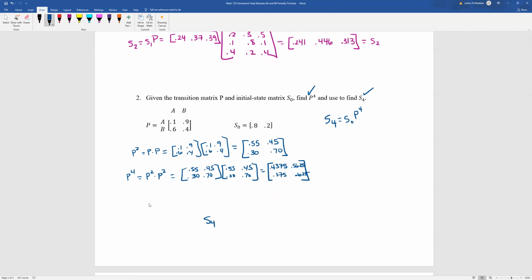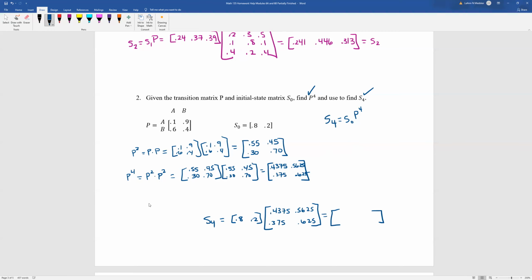So S4 is the initial matrix, which is 0.8 and 0.2, times this P to the 4th that we just found: 0.4375, 0.5625, that's row 1, and then 0.375 and 0.625. Okay, so we're doing row 1 times column 1.